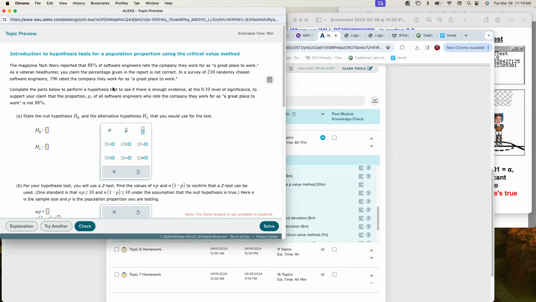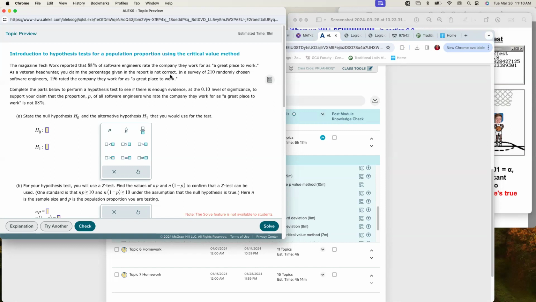So here we start off with this magazine TechWorks reporting that 88% of software engineers say that this is a great place to work. As a veteran headhunter, you claim the percentage is not correct.